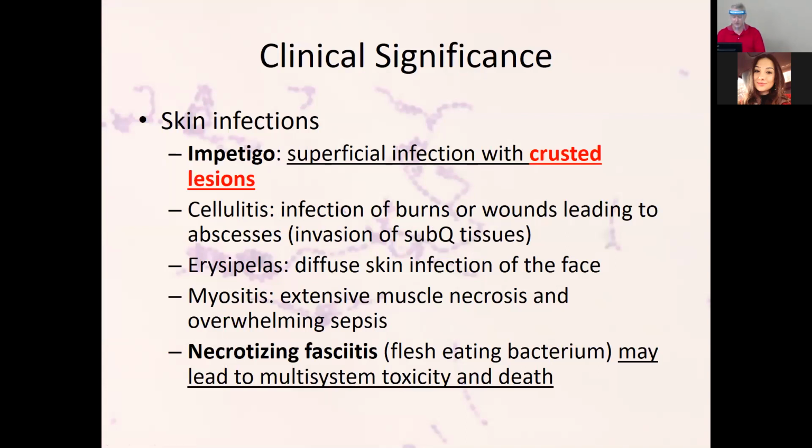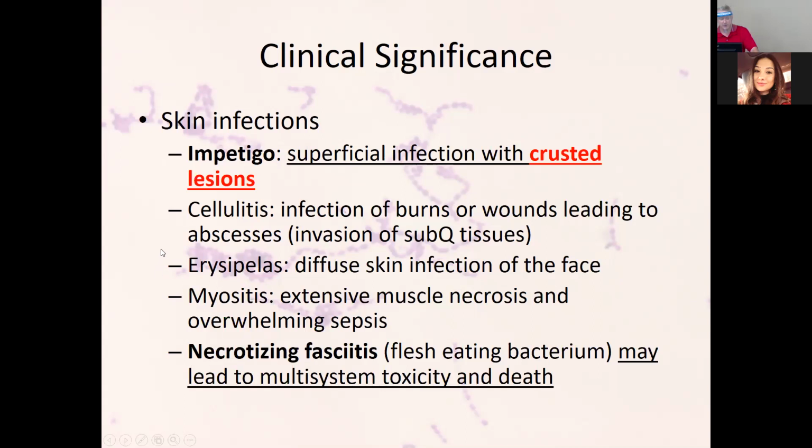The impetigo is crusted lesions causing a superficial infection, cellulitis. Diffuse skin infection on the face is erysipelas. It's kind of like a mask, the irritated muscle.